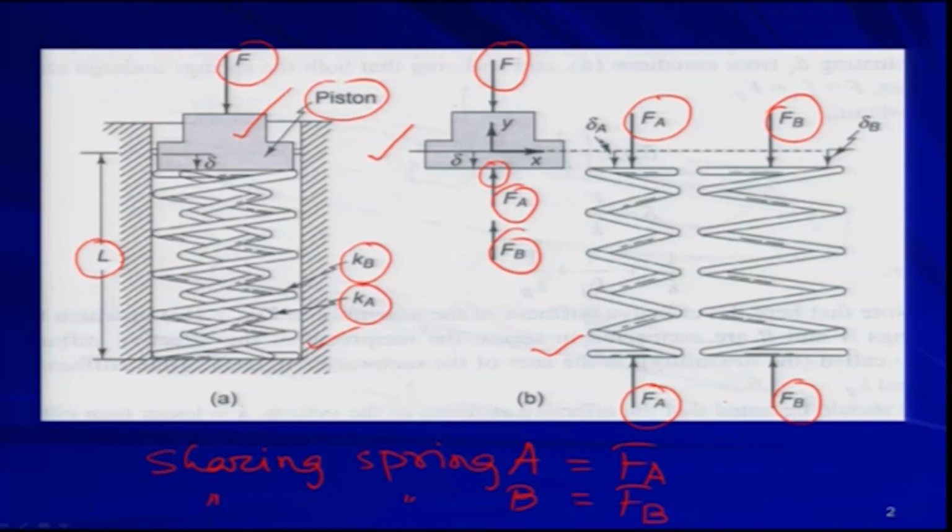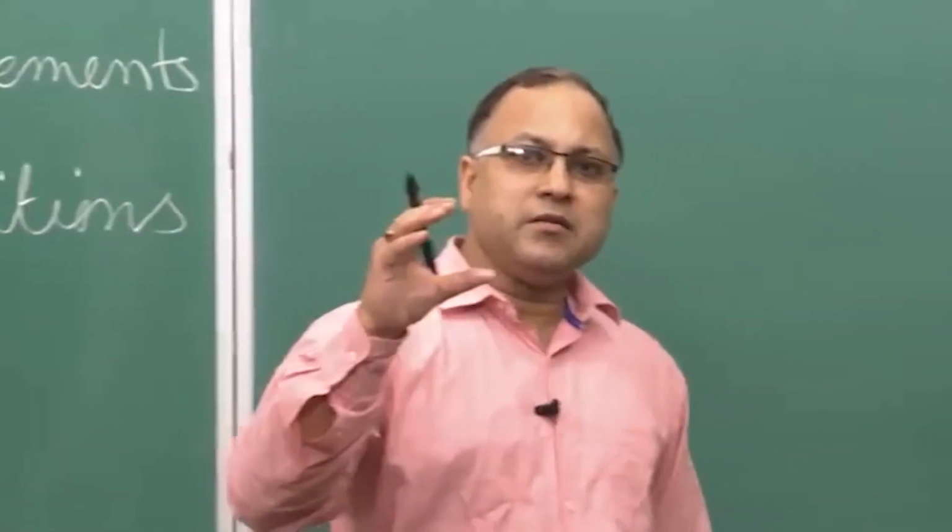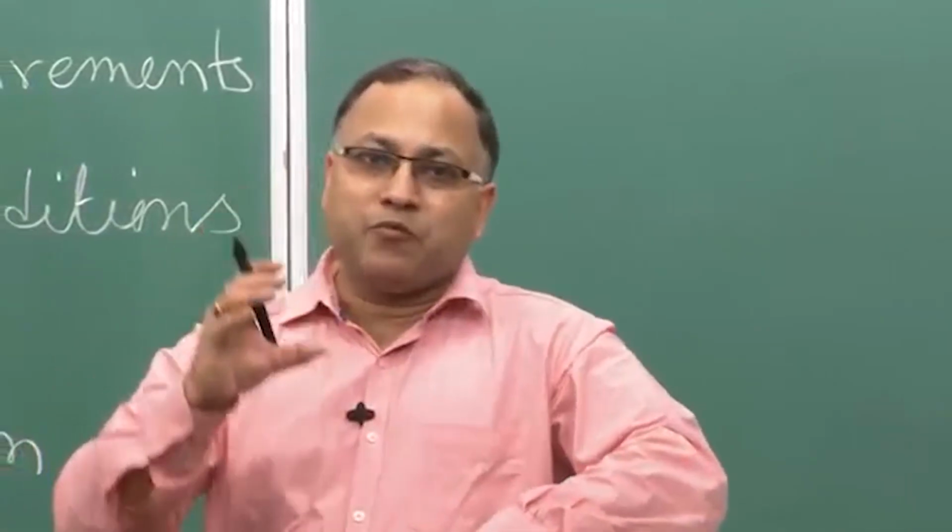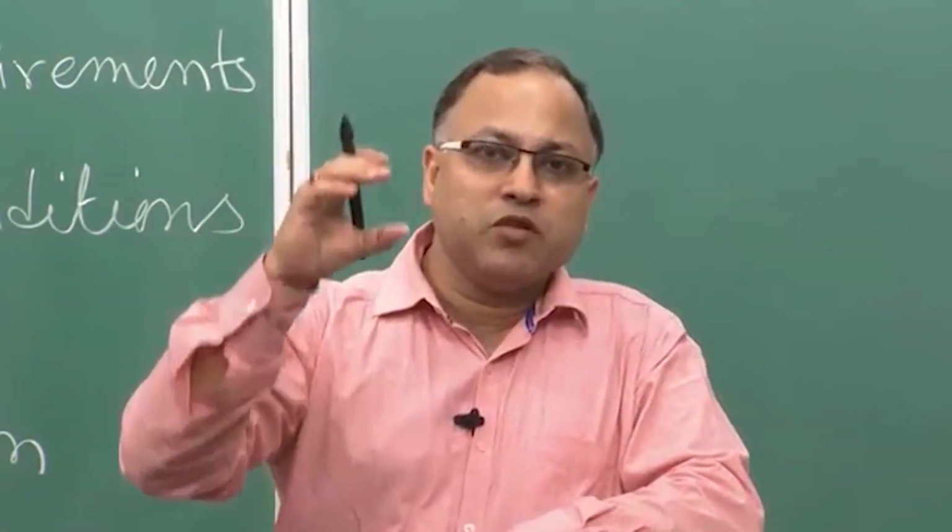Now, the piston is moving by an amount delta. This delta is nothing but the vertical deformation, displacement, or deflection of the piston. Similarly, delta A is the vertical deformation of spring A, because both springs have to deform, otherwise the piston will not move down.